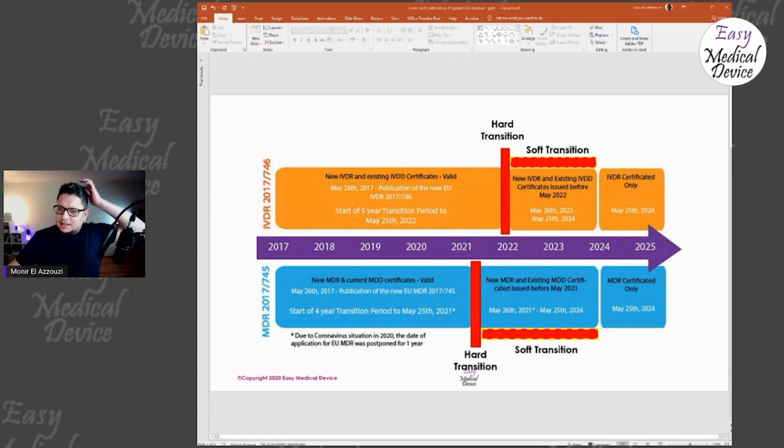Some people say, okay, it's a class 1, self-certified, nobody will be looking at that, mainly no notified body, etc. But you have competitors, you have competent authorities, and you have customers also. As soon as something goes wrong, or as soon as somebody detects that you are not really following the EU MDR, you can get in danger, and your company can get in danger.